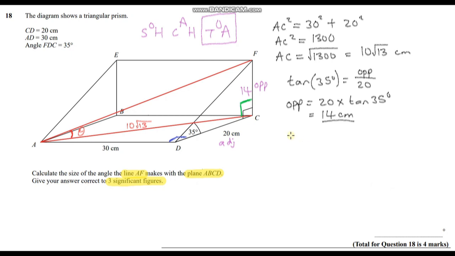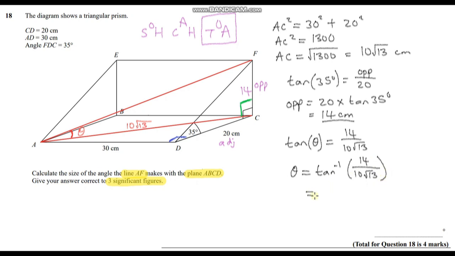So the tan of our angle, this time we don't know the angle, that's what we're trying to work out, is equal to the opposite, which is 14, divided by the adjacent, which is 10 root 13. To work out the angle, we just take the inverse tan. So our angle is going to be the inverse tan of 14 over 10 root 13.